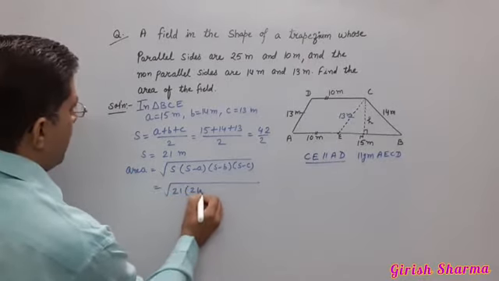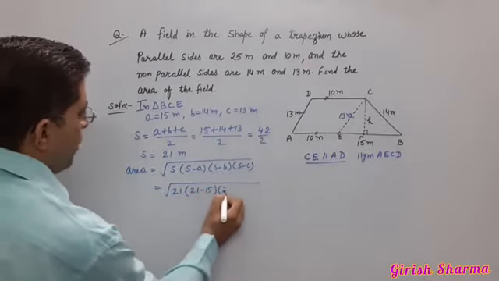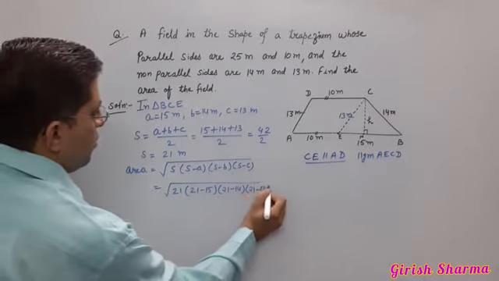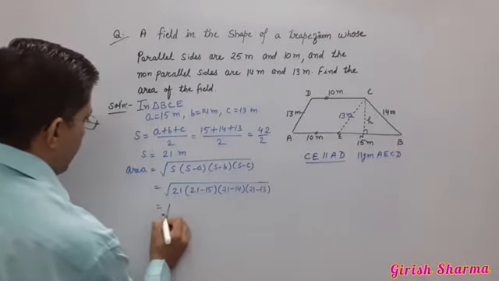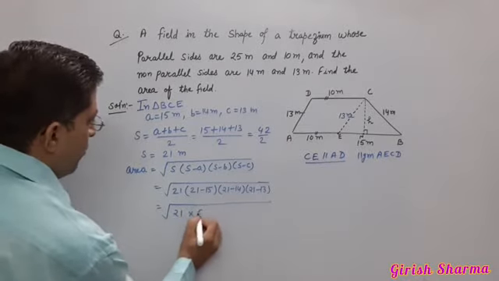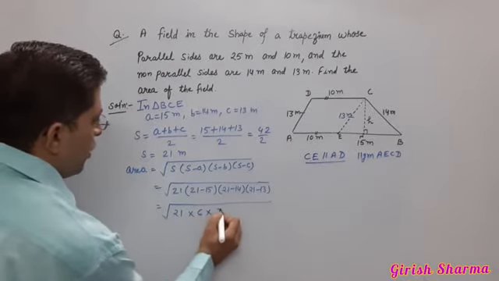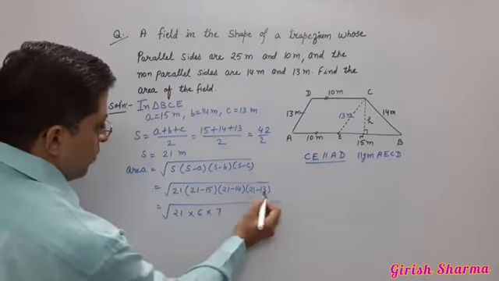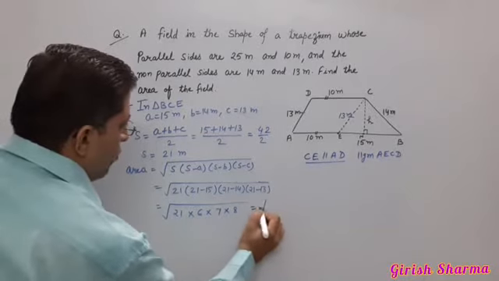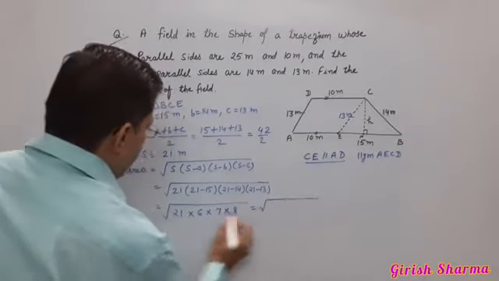S minus a is 15, S minus b is 14, S minus c is 13. So 21 minus 15 is 6, 21 minus 14 is 7, and this is your 8. Now come on to find the area.